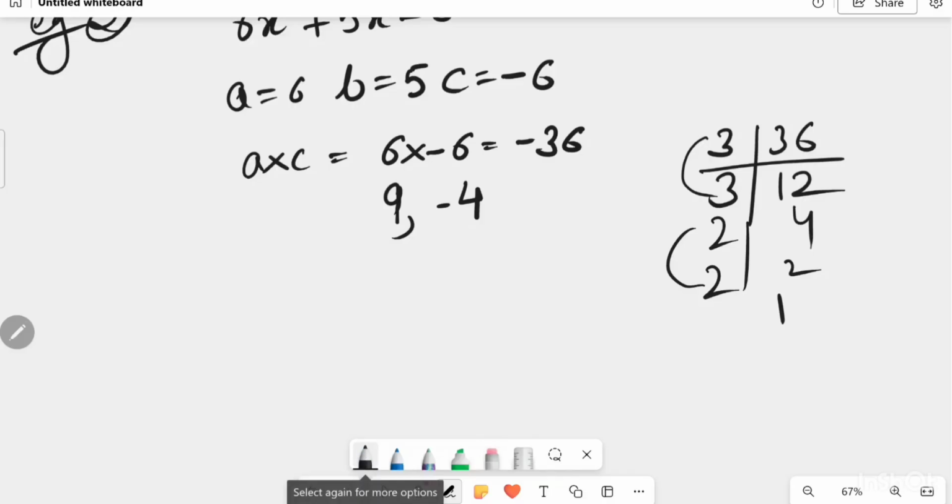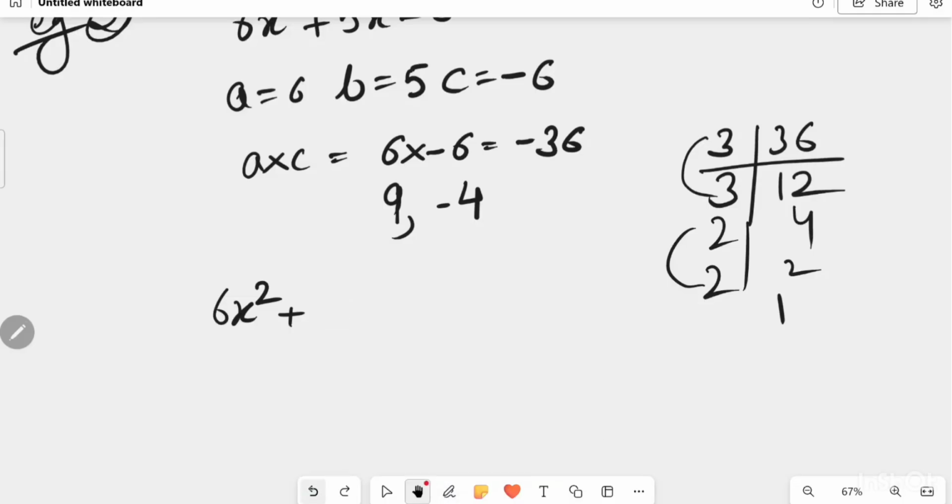Our equation will become 6x square plus 9x and minus 4x and minus 6 equals to 0.